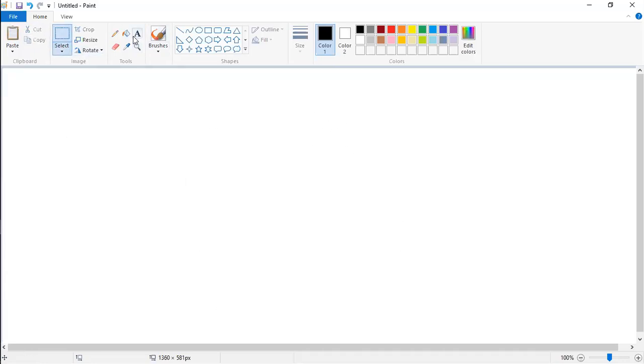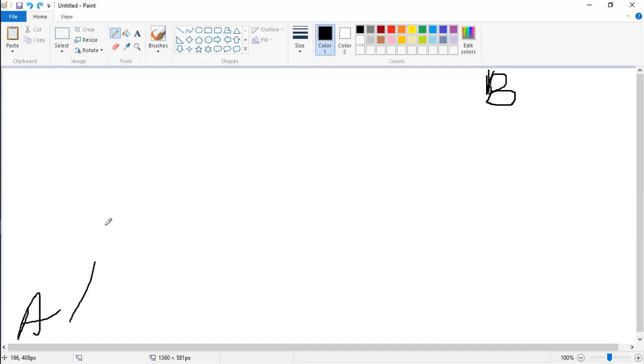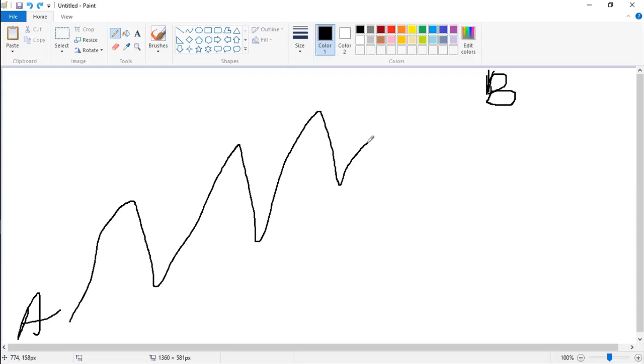So when the market is moving, let's say from A to B, the market is not going to move in a straight line like this. The market does not move like that. The market will move in ranges, something like this. That's how the market moves, in ranges.